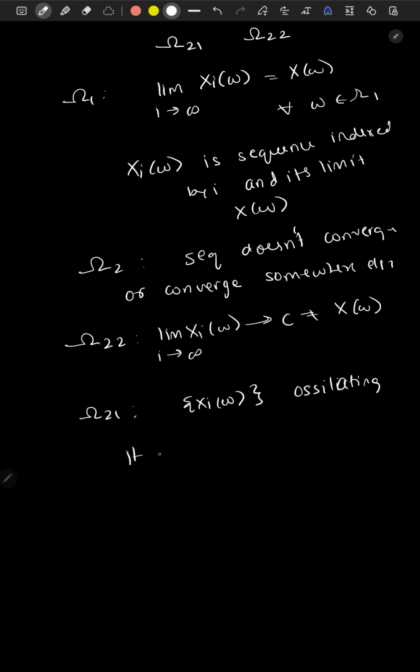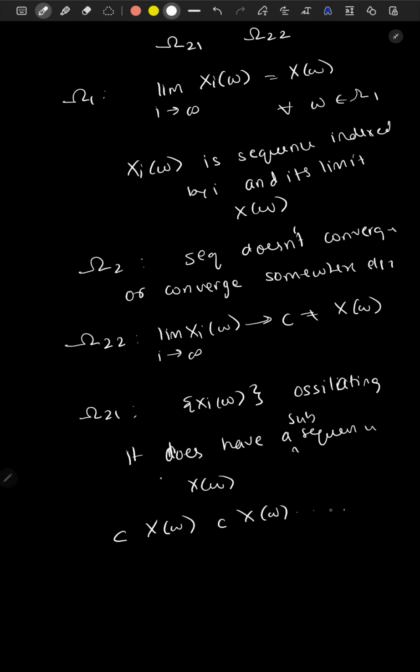It does have a subsequence which converges to x(omega). A trivial example would be c, x(omega), c, x(omega), and so on. This sequence does not converge, but in a loose sense there is a subsequence which is the object of our interest. This particular situation is interesting, so we are setting it aside and capturing it separately in omega 2 1.